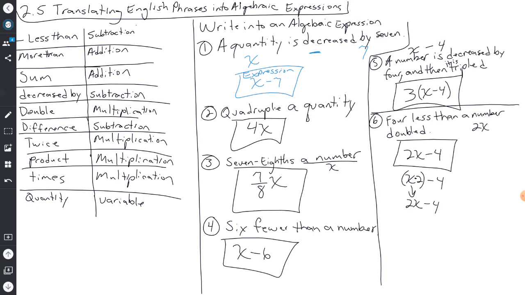That's why we put parentheses around it. And then it is tripled. With this one here, a number doubled, x is the number and that number is doubled. So it becomes 2x at that point. And then 4 less than that.